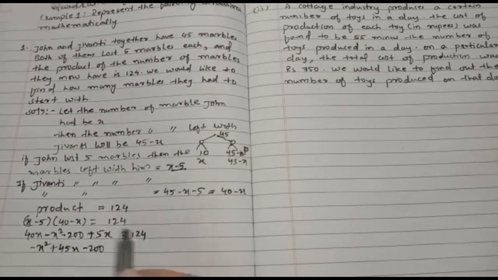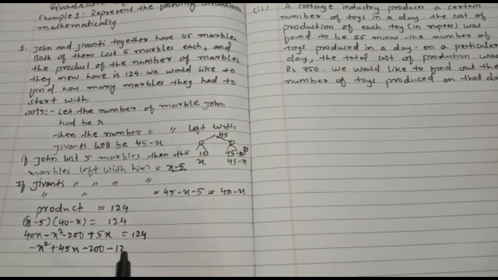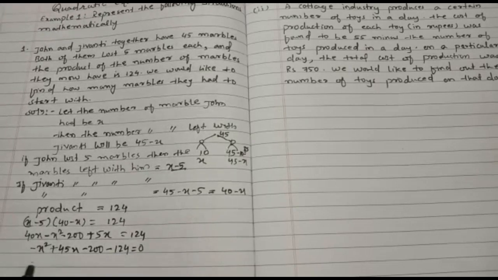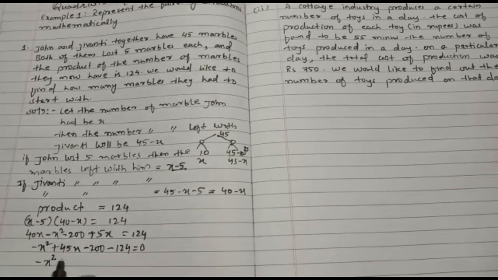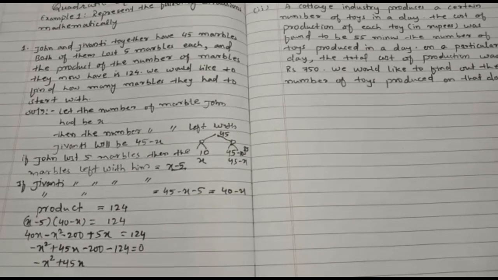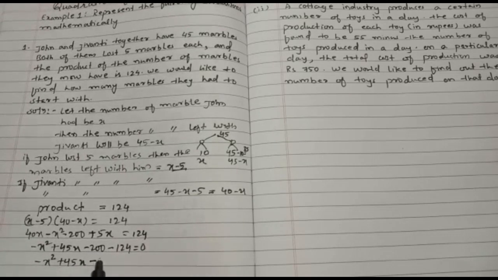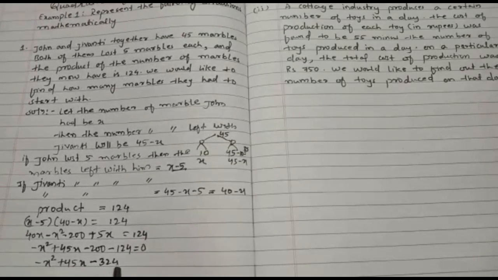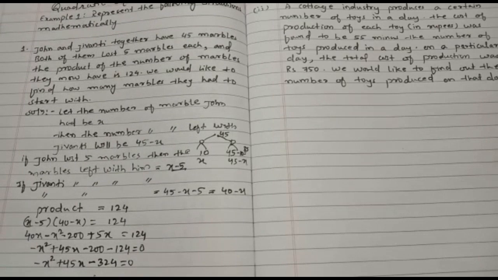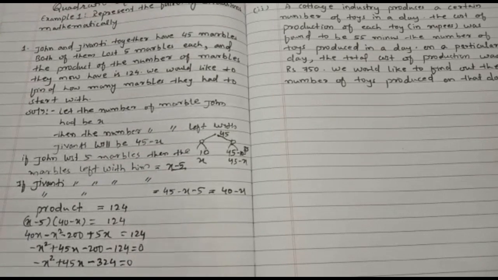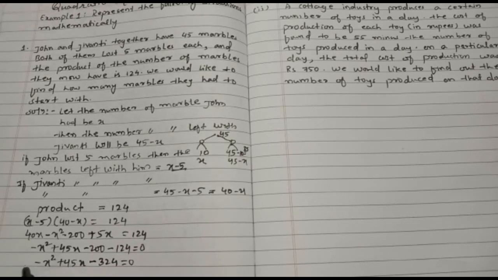Transfer this 124 to the left hand side: minus 124 is equal to 0. Now minus x square plus 45x, minus 200 minus 124 will be minus 324. Students, same signs we add. Here the signs are the same, so we are adding, and the sum of negative integers is negative. Now this sign should always be positive.